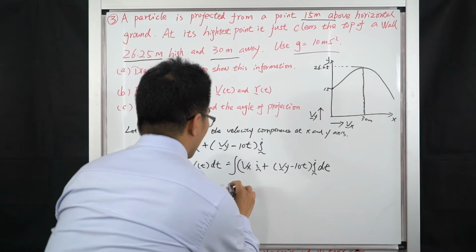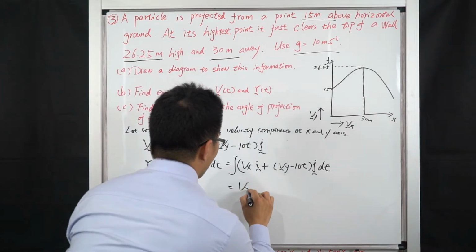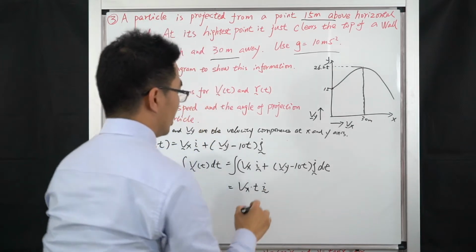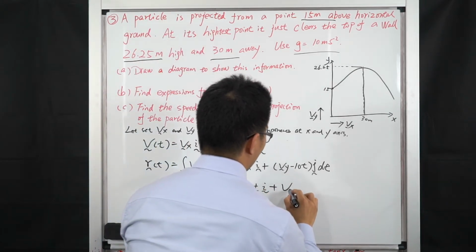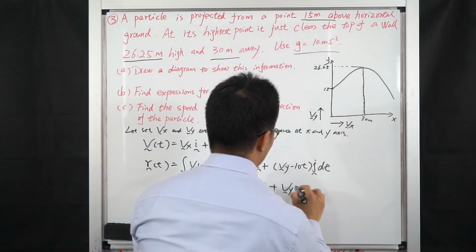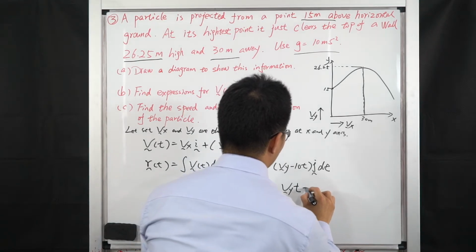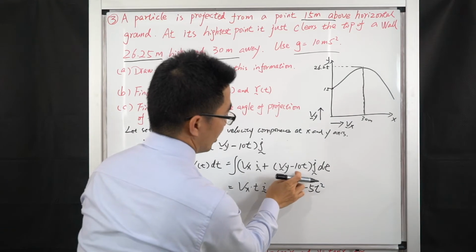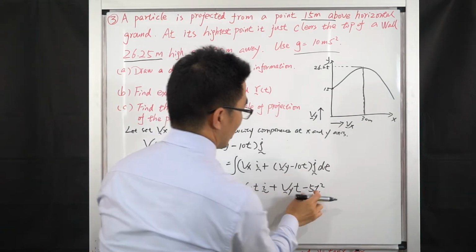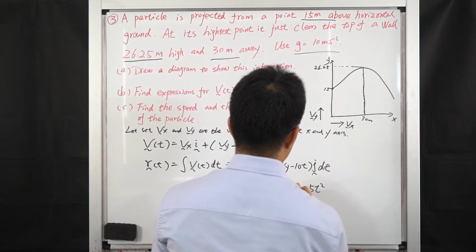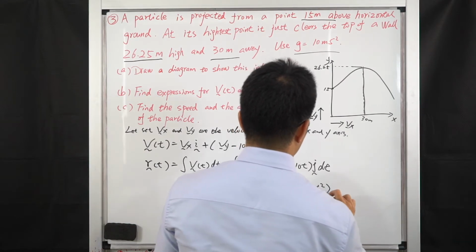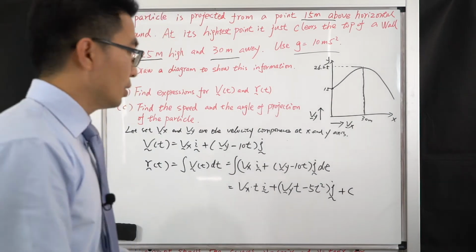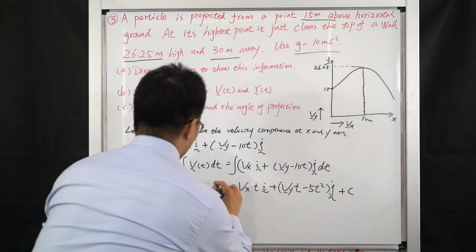The next step gives vx times t in the i component plus vy t minus 5t squared in the j component, since the integration of 10t equals 5t squared, and then plus c. So here is r(t).